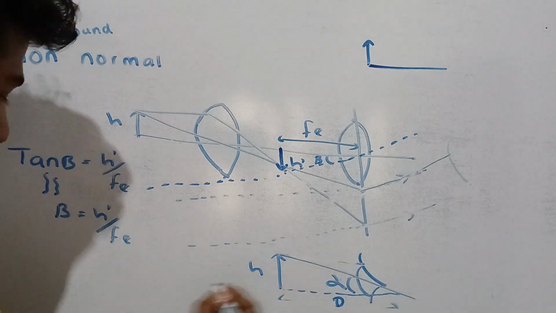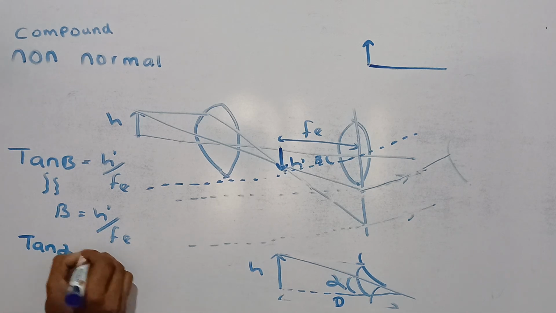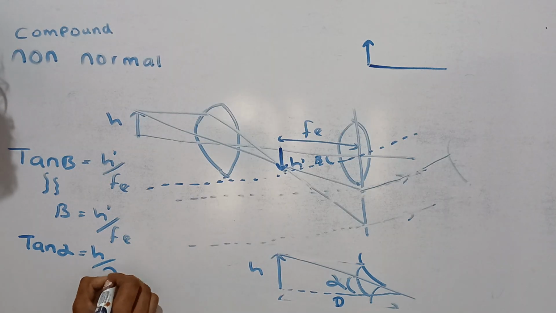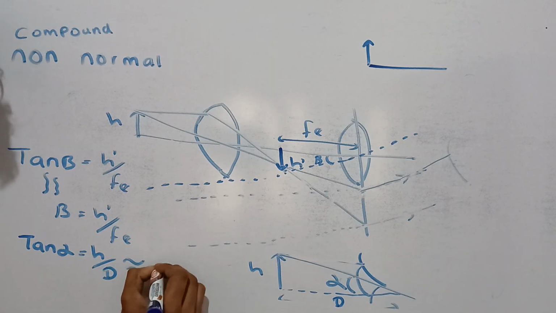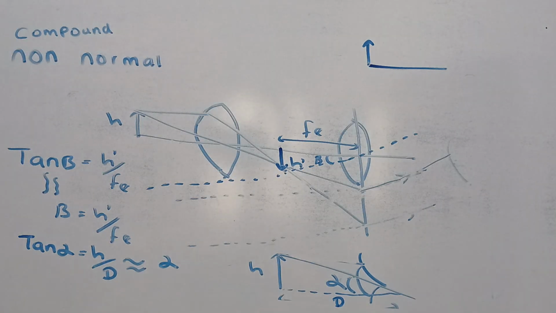So if I again obtain an expression, tan alpha is equal to h over d, which is approximately equal to alpha, because these angles are actually small, okay? That's the main assumption.